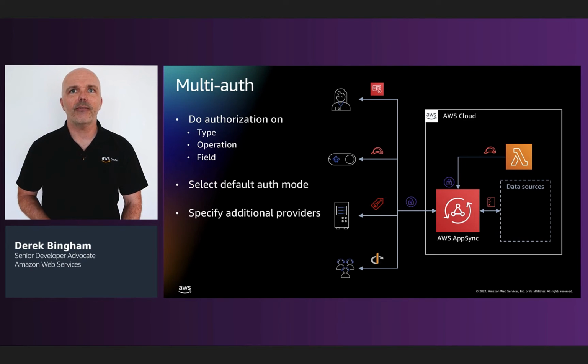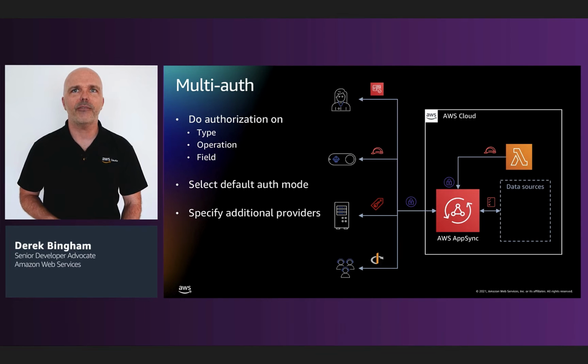So you could have, as shown in this example, an AppSync system where you have a Lambda function that's running and periodically updating your API. And that Lambda function uses an IAM role to gain access to AppSync. Now on the client side, your users are interacting with the API using Cognito. And maybe you also have an IoT system that then uses AWS permissions as well to gain access.